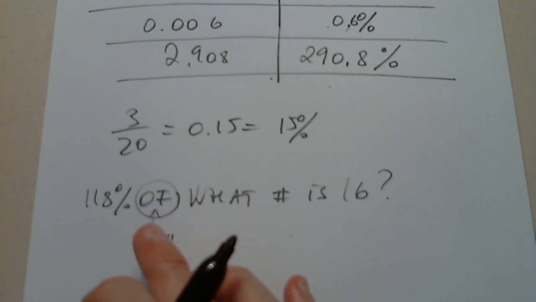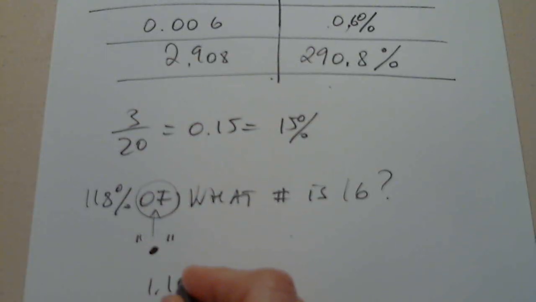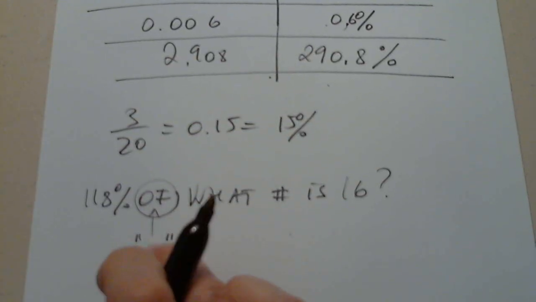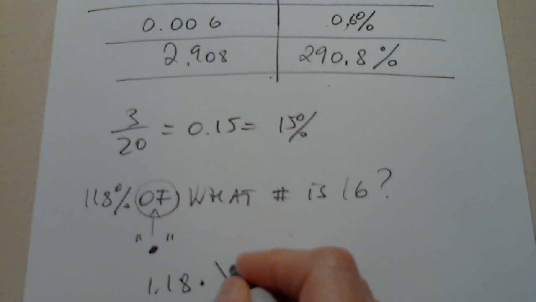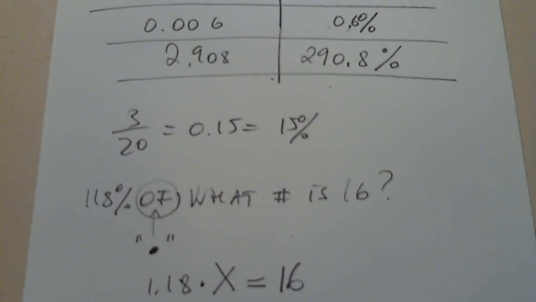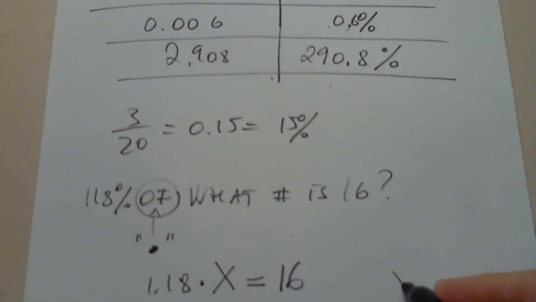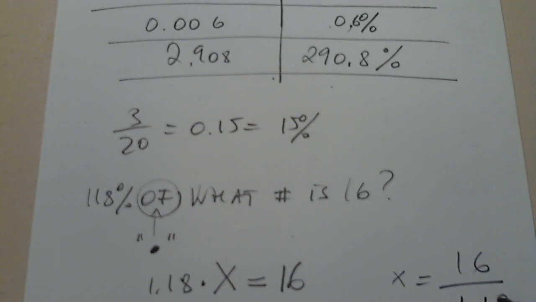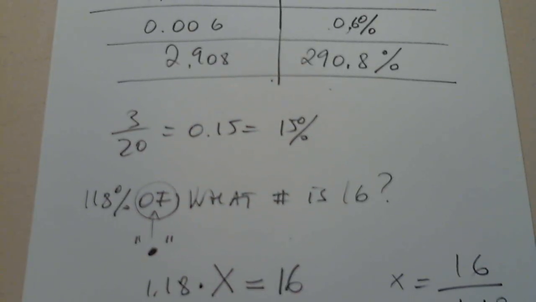So you have to divide by 100, which is 1.18 times of what number is 16? 118% of what number is 16. If we want to solve, this will be x equals 16 divided by 1.18, whatever that is. Any questions? Good.